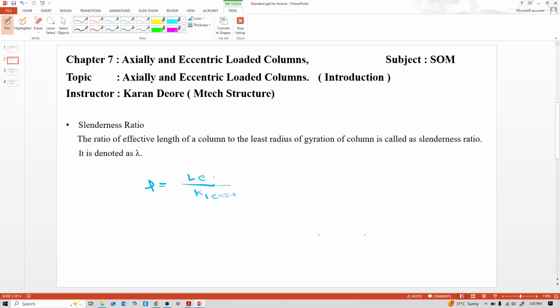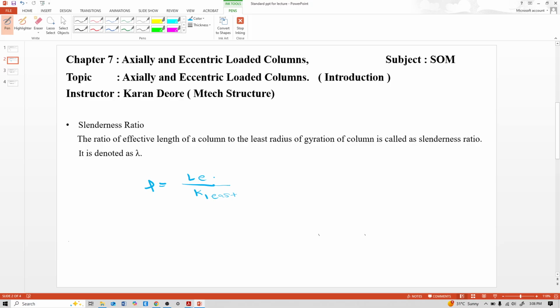In our previous lecture I told you what radius of gyration is. In our description I have provided the link of the radius of gyration lecture. So just see it and remember that concept also.